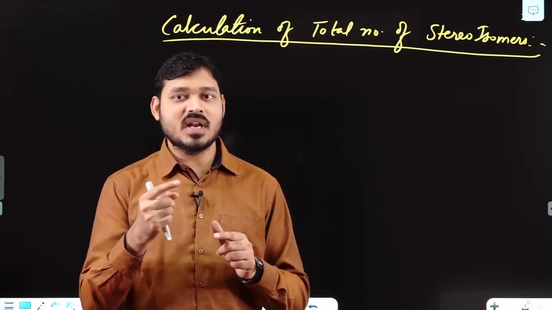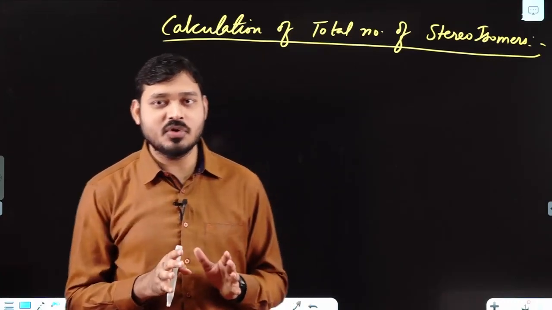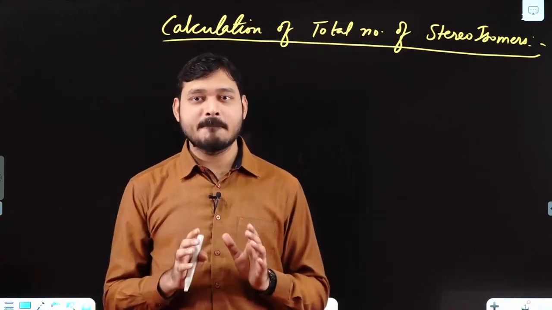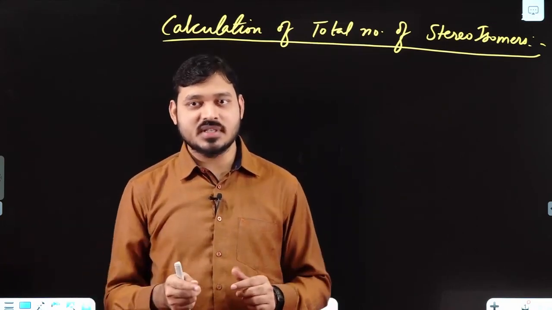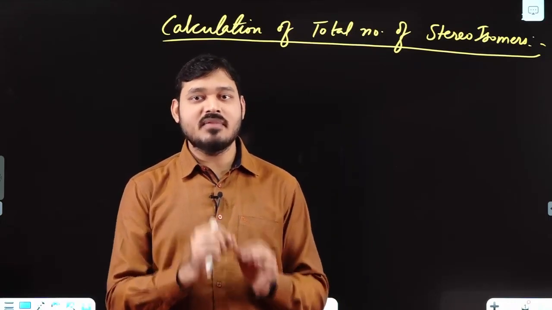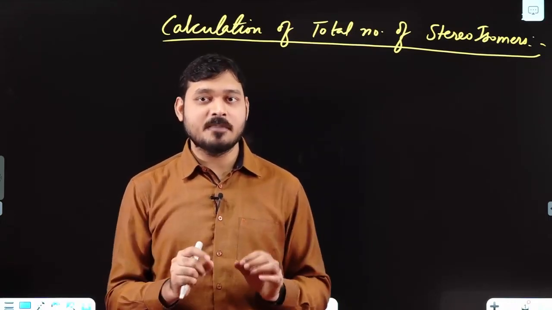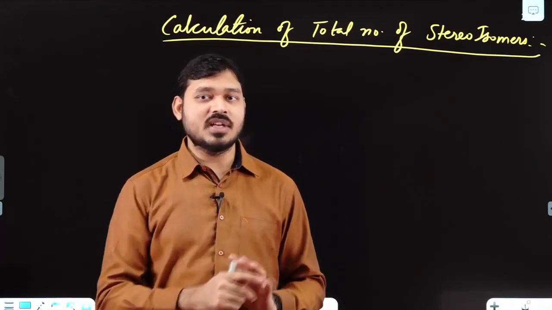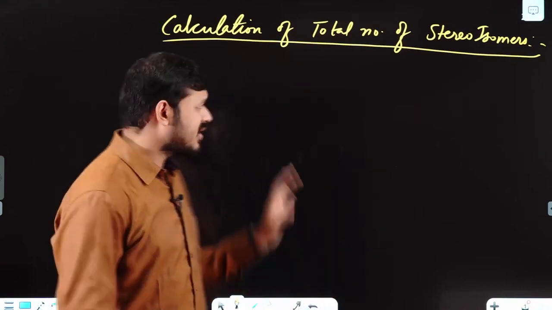When you are asked for structural isomers, what you have to do? First of all, draw all the structures. After drawing all the structures, check them one by one. In every structure you have to check whether it can show geometrical isomerism or optical isomerism by checking the number of chiral centers.